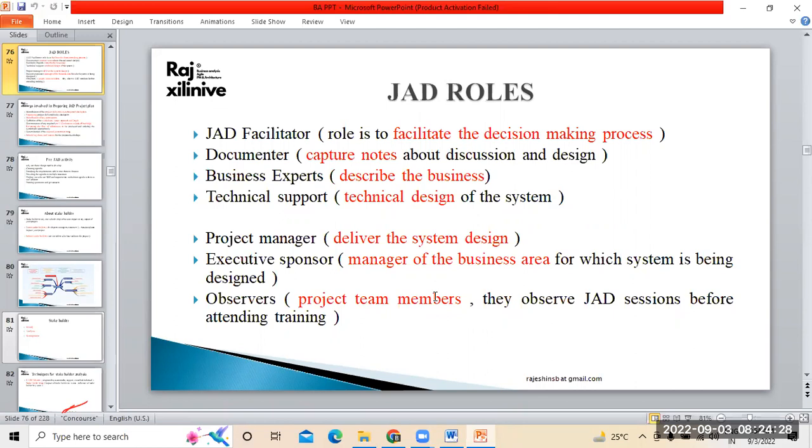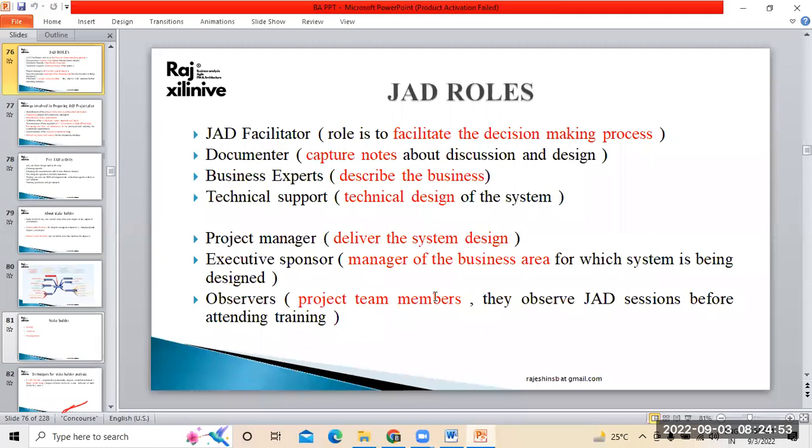You know how important the project manager's role is, because he is responsible for the whole project. At the same time, executive sponsors who take care of the business, followed by observers like the remaining project team members. All these people will attend the JAT session. So these are the different roles you could see in JAT.